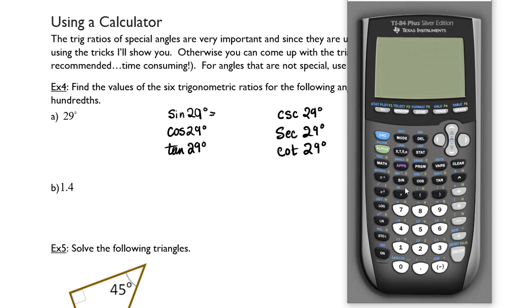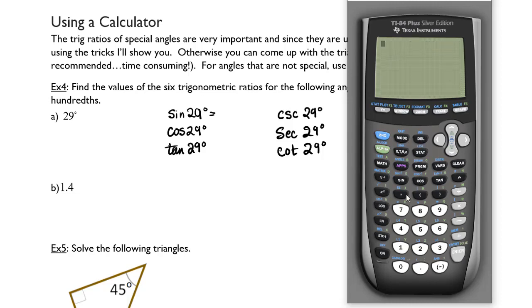First, turn your calculator on and go to mode, and arrow down until you find radians and degrees. If you leave your calculator in radians when you calculate degrees, everything will be wrong. So arrow over to degrees and select degrees. And then second quit.